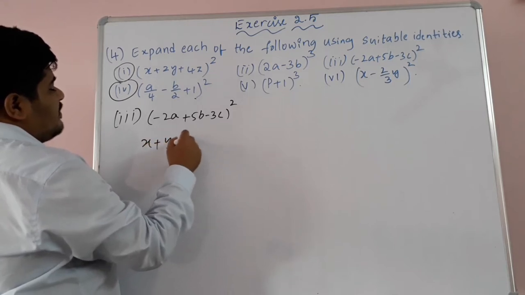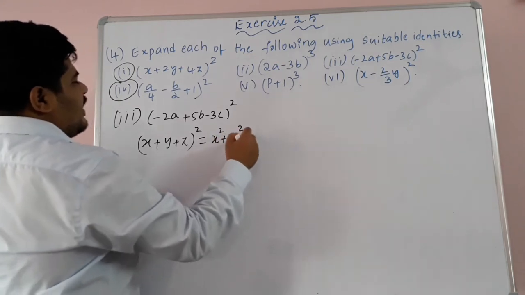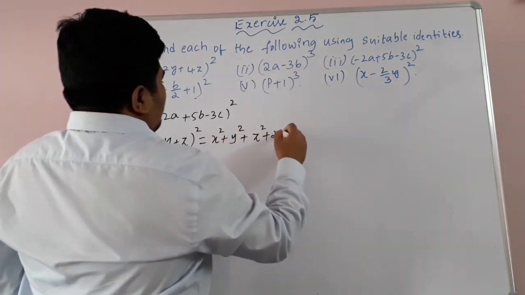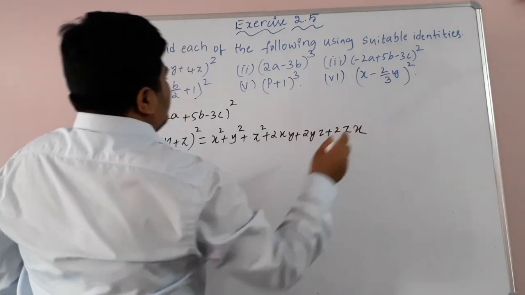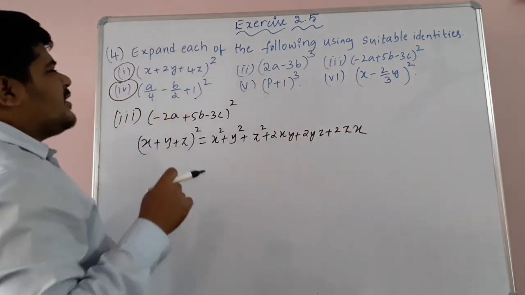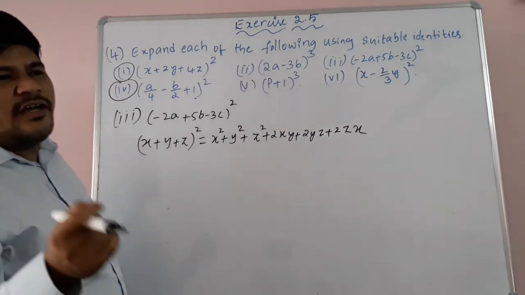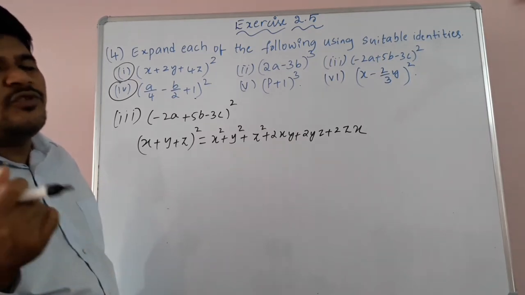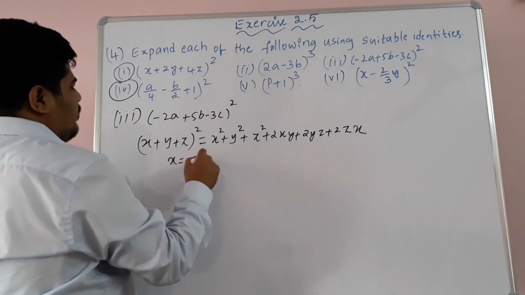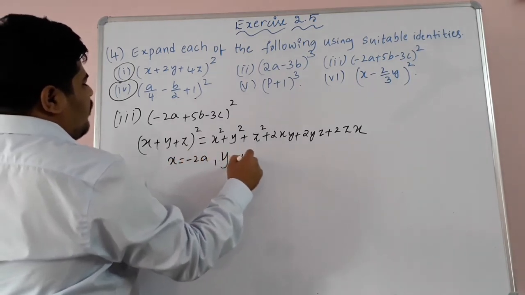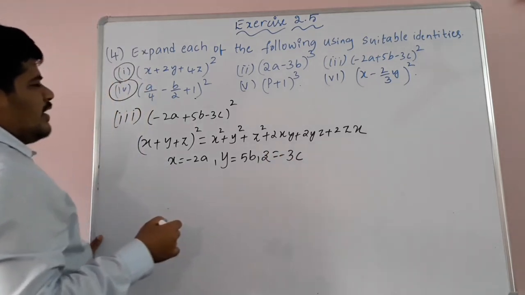X plus y plus z whole square is equal to x square plus y square plus z square plus 2xy plus 2yz plus 2zx. So this is the formula expansion. Okay. So children, if you see this, x is equal to minus 2a, y is equal to 5b, z is equal to minus 3c.